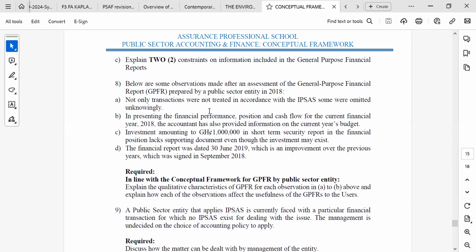In presenting the financial performance, position, cash flow for the current financial year, 2018, the accountant has also provided information on the current year's budget. Okay, so let's come here. The financial position and those ones are relating to this year, isn't it? Before we start operating, we normally prepare a budget to project whatever cash flow, whatever performance that we are expecting. So we have the budget at the beginning, and the financial performance here now is the actual result. We can compare our actual results with what we are expecting to see why this is reducing and why this is not reducing.